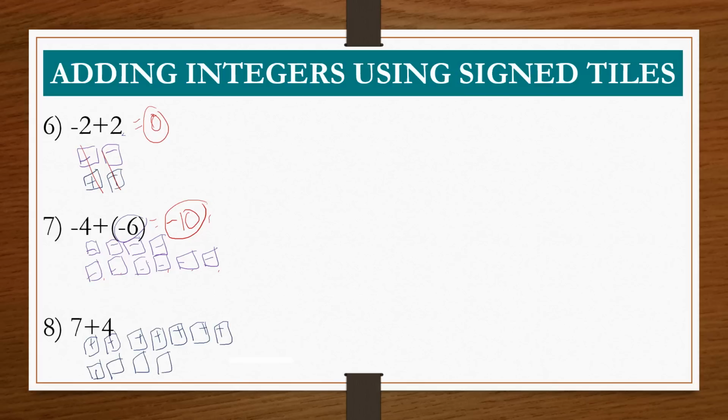Okay, so 1, 2, 3, and 4. Again, we cannot cancel any pair, so we simply count the number of tiles, and there are 11. And since they are all positive, that is the final answer. The sum of 7 and 4 is 11.